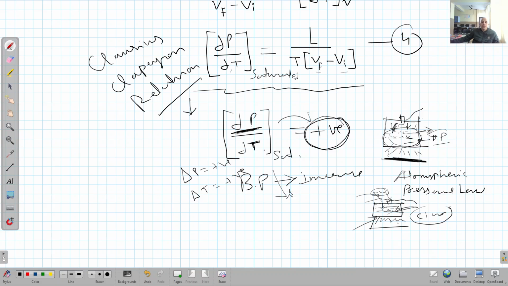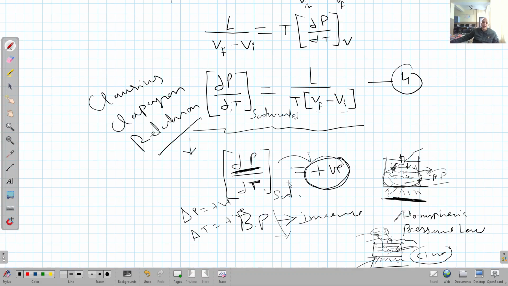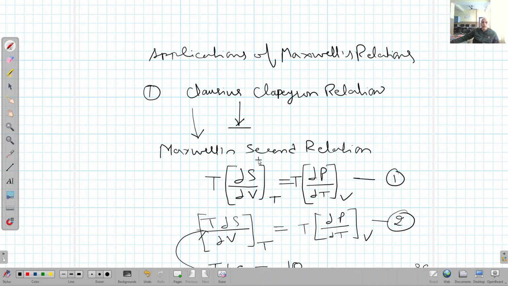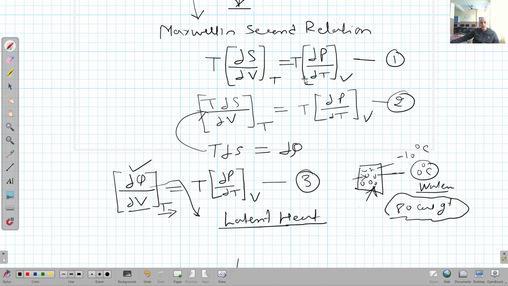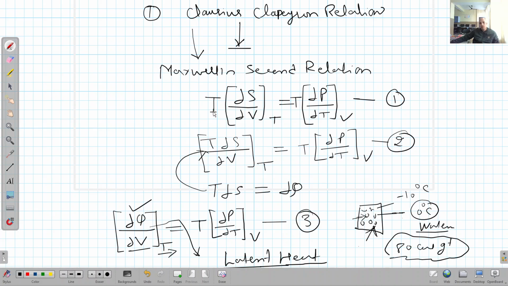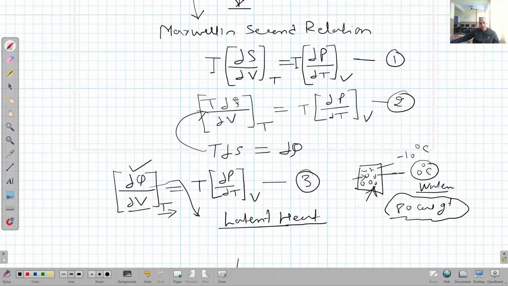So this is all about it. We have seen that we derived this Clausius-Clapeyron relation by using Maxwell's second relation, right? We took it, this is equation number 1, we multiplied both sides with temperature, clear? Then we took T inside the bracket. According to the second law of thermodynamics, we have used it here.